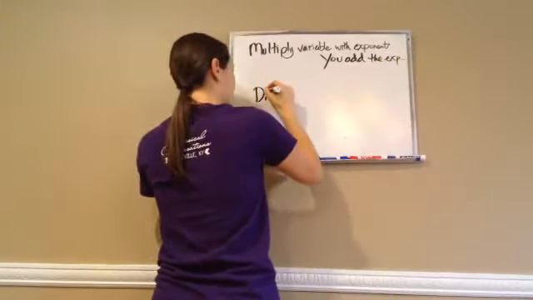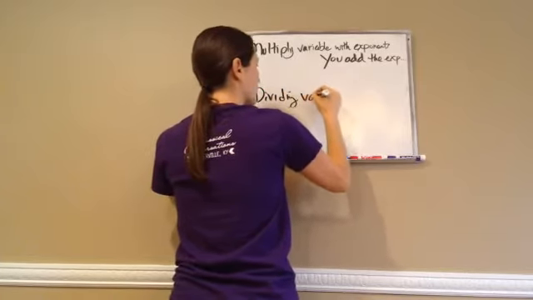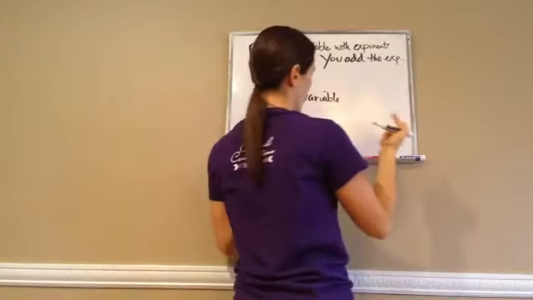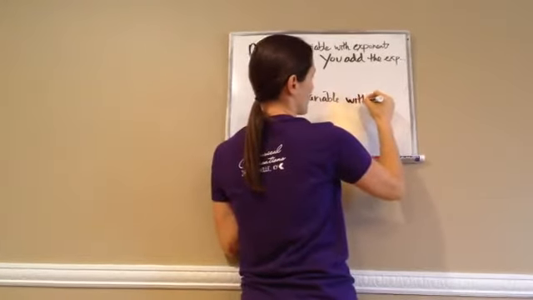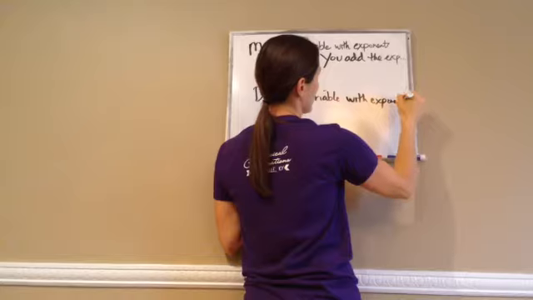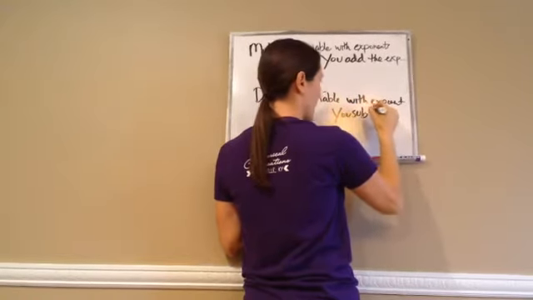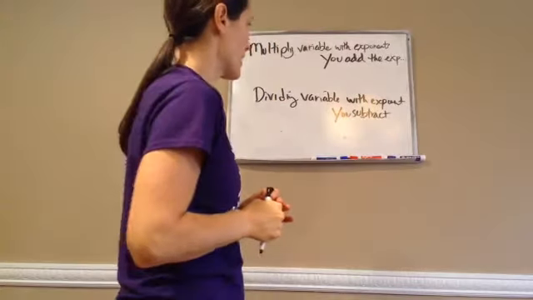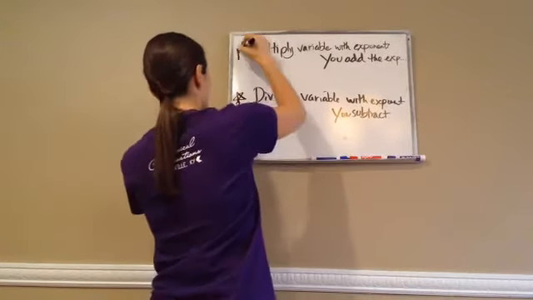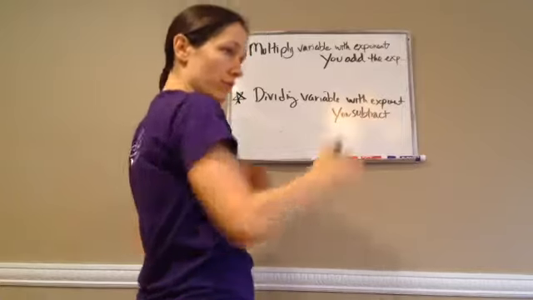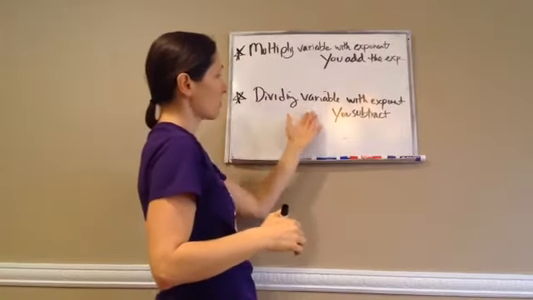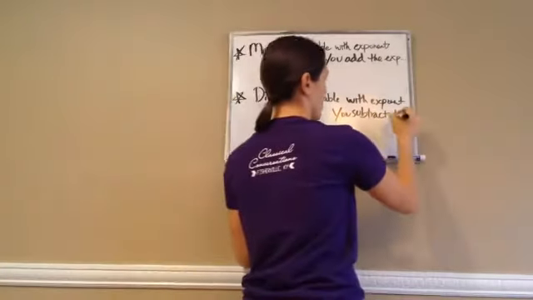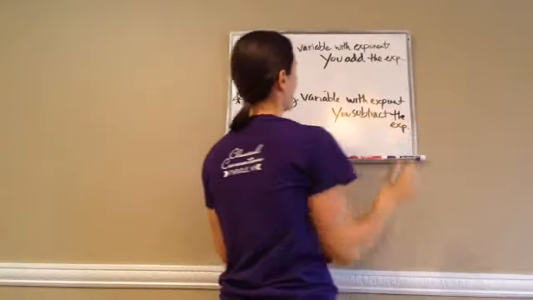And when you're dividing variables, which are like letters you're working with in math, with exponents, you subtract. Definitely write that down, star it, and put it at the top of the page before you do every kind of problem so that you remember what to do.